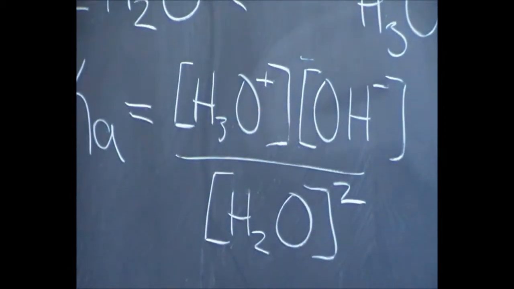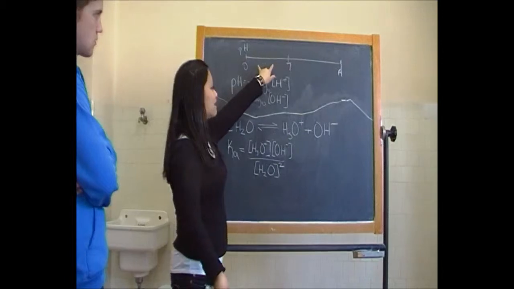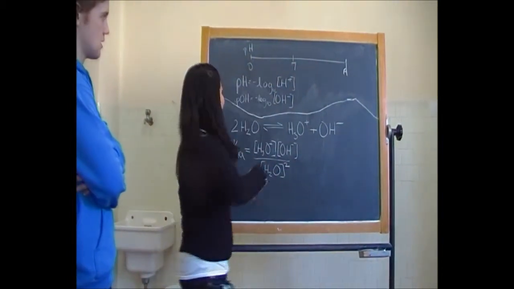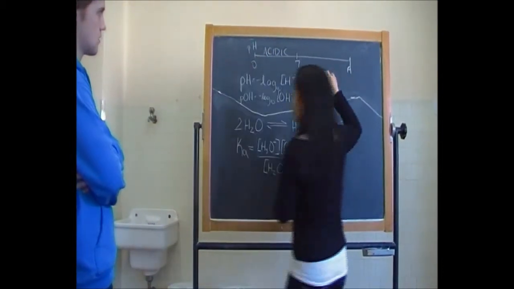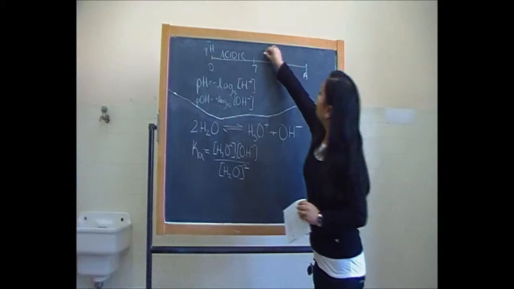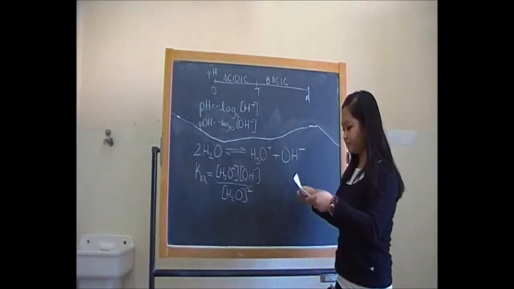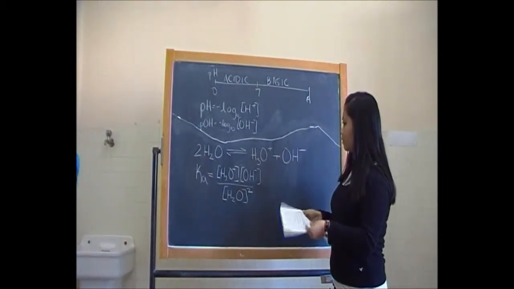Can anyone tell me what the pH tells us if it is less than 7? It's acidic. Bravo. And if it's greater than 7? Base. Bravo.